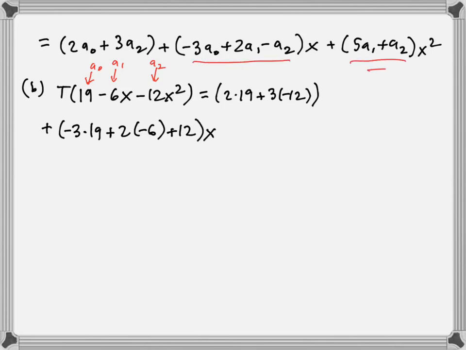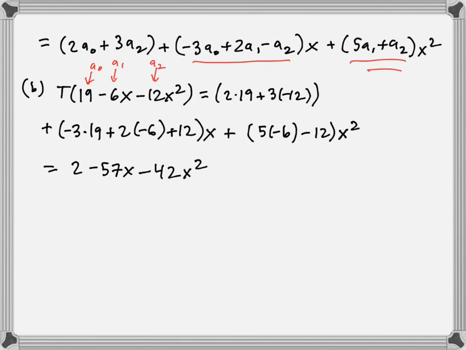Now I'm going to use this guy. Plus 5 times negative 6 minus 12 x squared. And so this gives us the answer 2 minus 57x minus 42x squared. So what we just figured out is that when you plug this polynomial in, it sends to this polynomial.